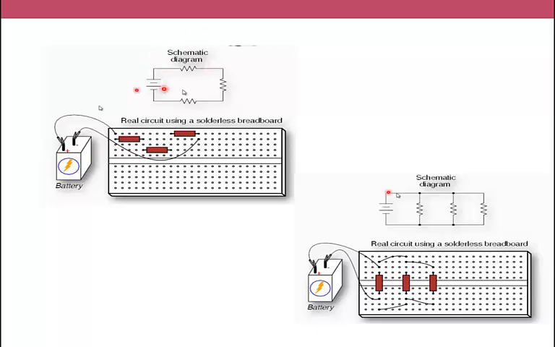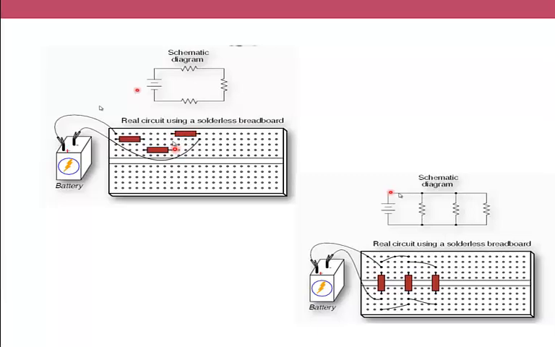If we have a schematic diagram like this and we are going to connect them in series, we have 3 resistors. We may connect them in the breadboard as follows. First, we put the first resistance, then in series the second resistance, and after that the third resistance.